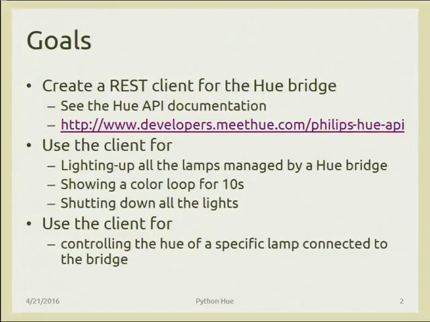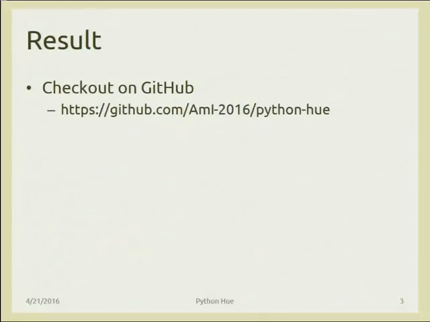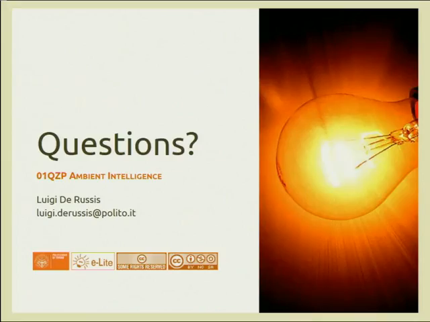We will not have time, but I will show you another client for controlling the hue of a specific lamp, so the color, not the saturation, not the brightness, only the color of a lamp. And then the solution will be on GitHub tonight.